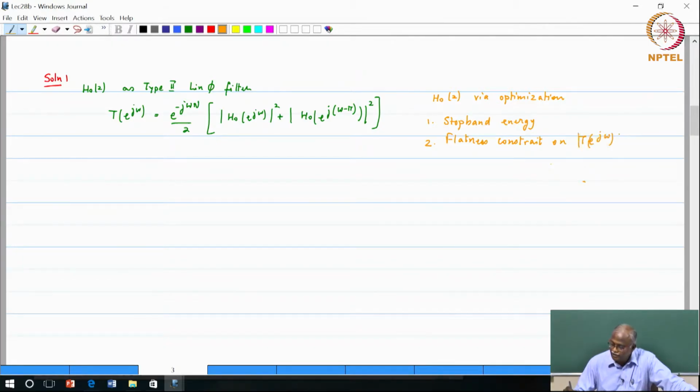The flatness constraint is what is given here, and once you ensure that you have good stop band, automatically the other filter will have a good pass band.